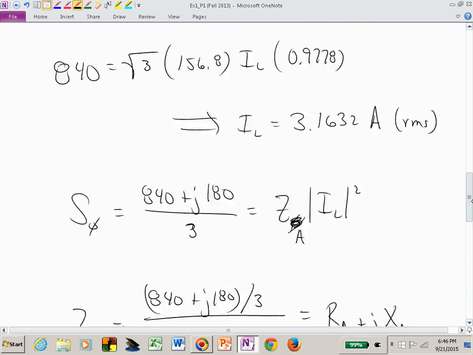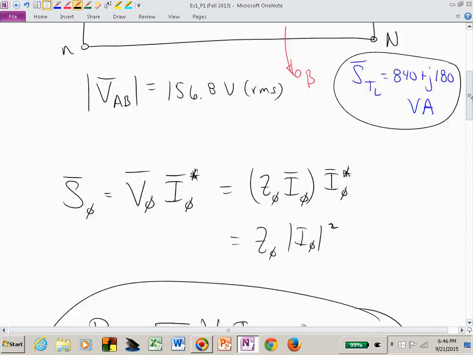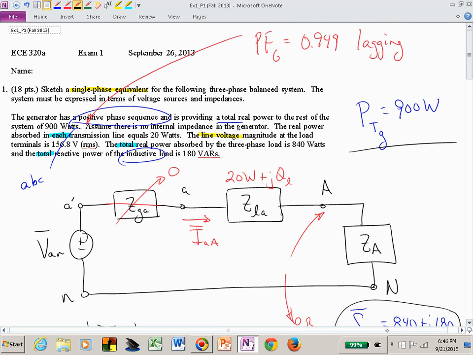So the sign convention here, what you have to keep track of is that the source is going to supply all of the power that your load is demanding. And so in this case, if you were having to find the amount supplied and the amount absorbed, then this would be the amount supplied, but really that's equal to the amount absorbed.